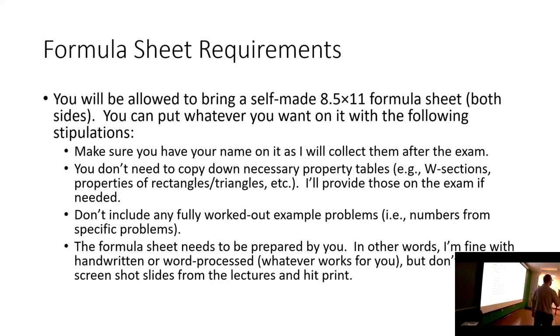Those types of necessary properties for those later exams I will give you. I'm not going to have you waste time on your formula sheet with that. That doesn't really apply to exam 2, but I put that on here just because I kind of wanted to throw that out there while it was on my mind. But yeah, you can put whatever you want on the formula sheet, again, except for fully worked out example problems.